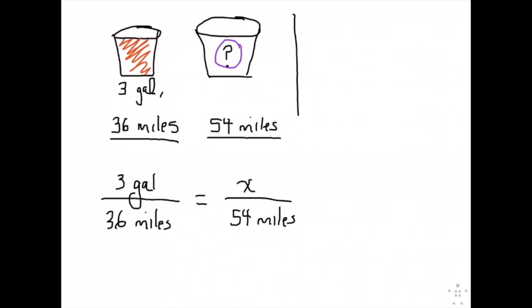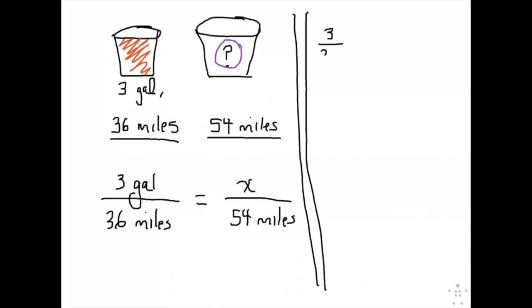So this simplifies down to 3 over 36 equals what over 54? And the first fraction, before I start doing anything, whether I'm going to cross multiply or see what happens in the numerator or denominator, I should simplify my fraction. So 3/36 simplifies to 1 over 12, because 3 goes into 36 12 times.